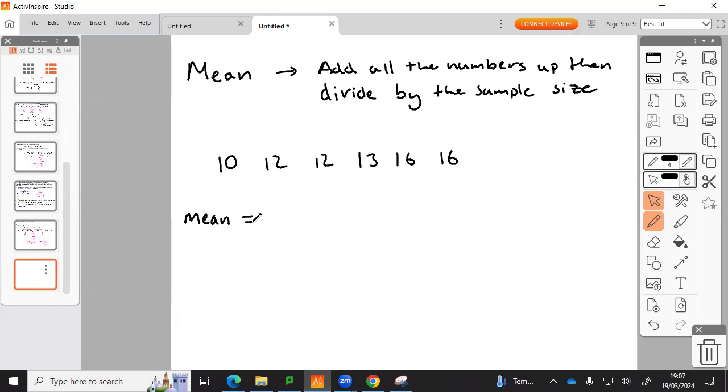The mean is just all of them added together, divided by how many there are: 1, 2, 3, 4, 5, 6. So 22, 34, 47, 53, 63, 69, 79 divided by 6 is something I can't do in my head. 13.2, all right? In this case, the mean will sometimes give you a decimal.